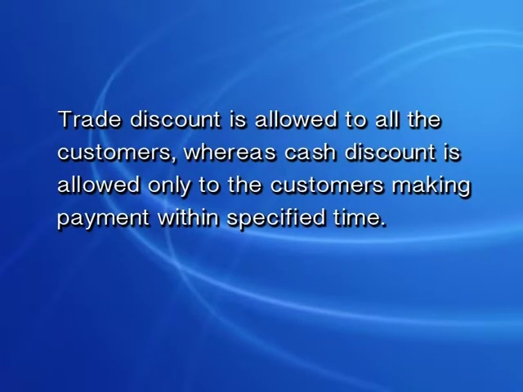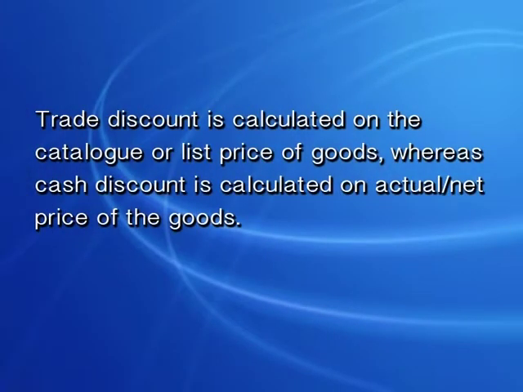Secondly, trade discount is allowed to all the customers, whereas cash discount is allowed only to customers making payment within specified time. Then trade discount is calculated on catalog or list price of the goods, whereas cash discount is calculated on actual or net price of the goods.